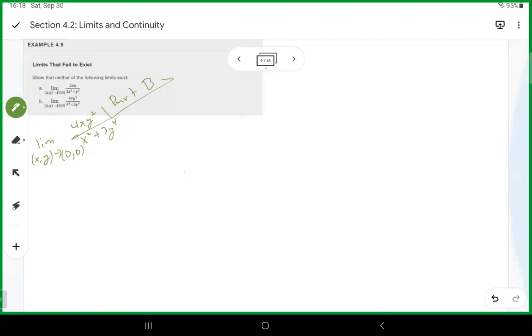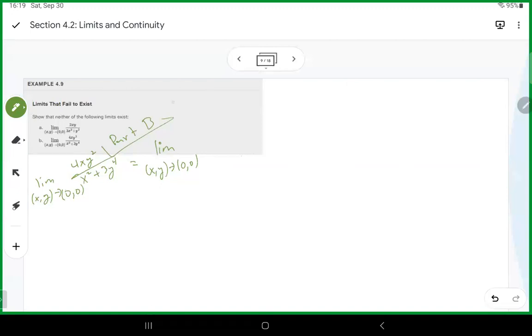Suppose we approach the origin along a straight line of slope k. The equation for this line would be y equal to kx. The limit would become, so I already wrote the first part, and then we're going to equal that to the limit as (x,y) goes to (0,0).